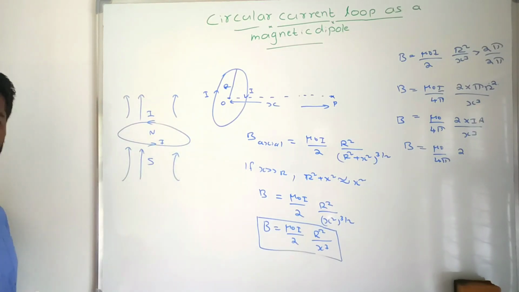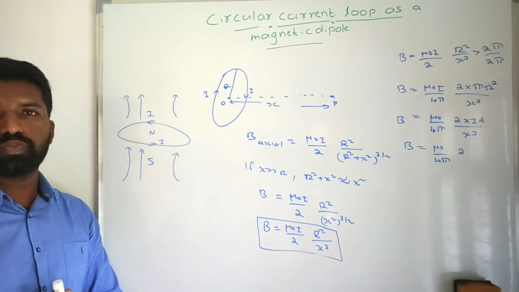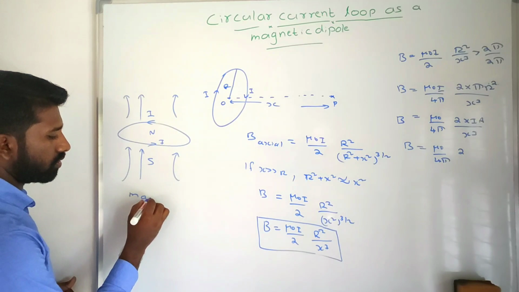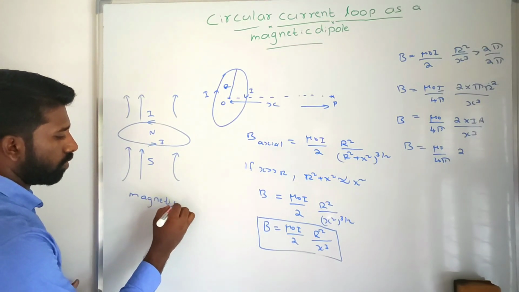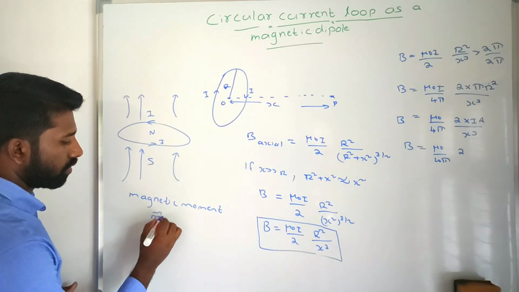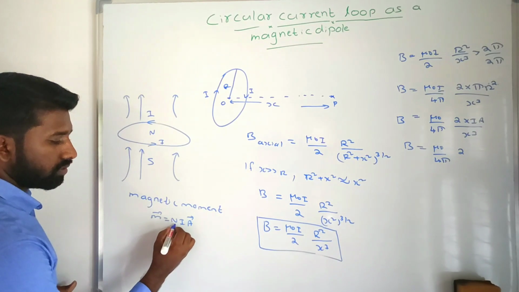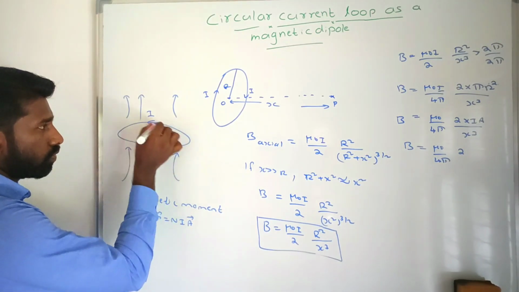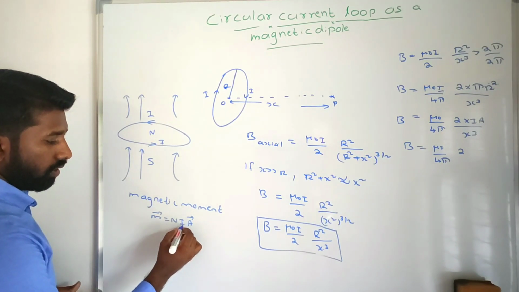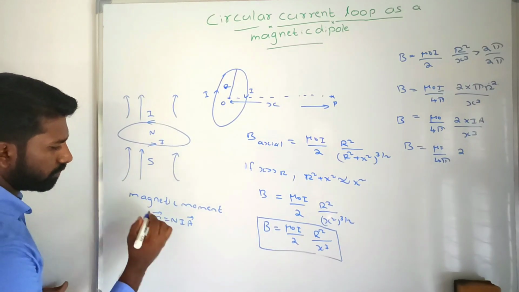So the strength of the magnetic dipole is expressed by a term that is magnetic moment. Magnetic moment M is equal to NIA, where N is the number of turns, I is the current through the coil, and A is the area of cross section.